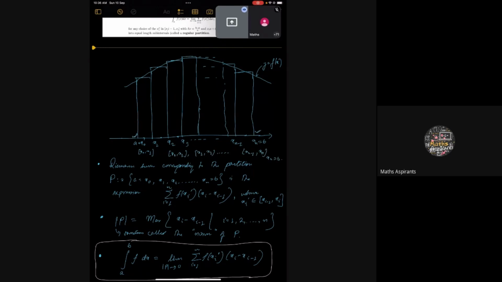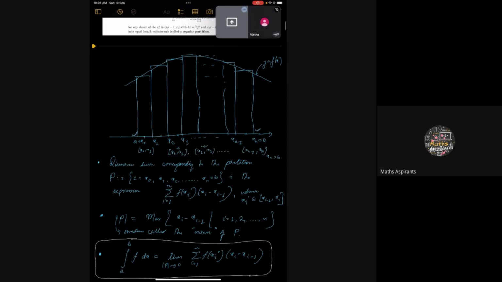Then we take one point from each subinterval, and take the function values at each of these points, and multiply by the lengths of all these subintervals.